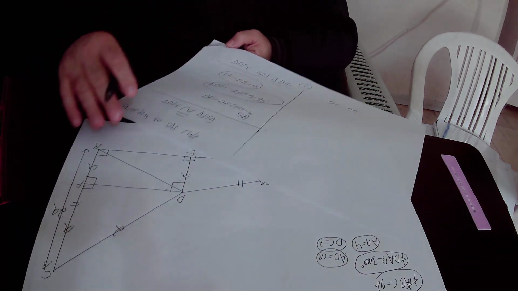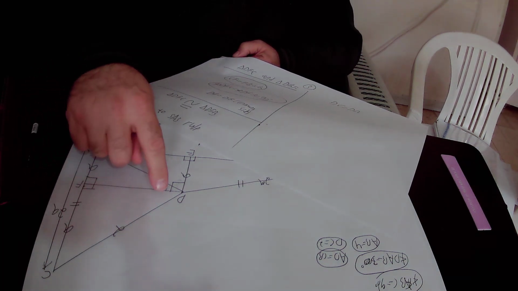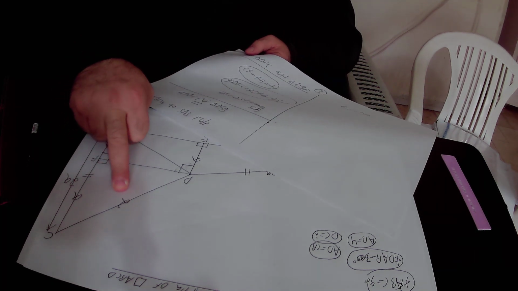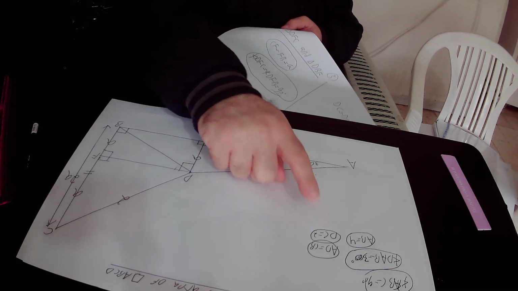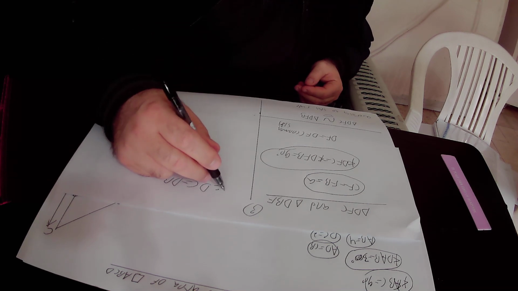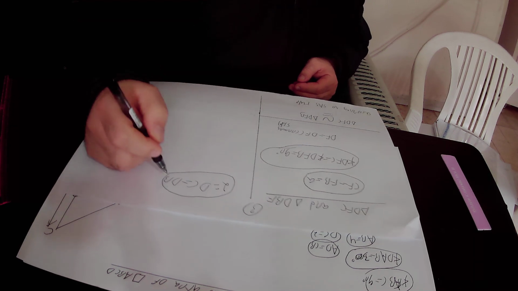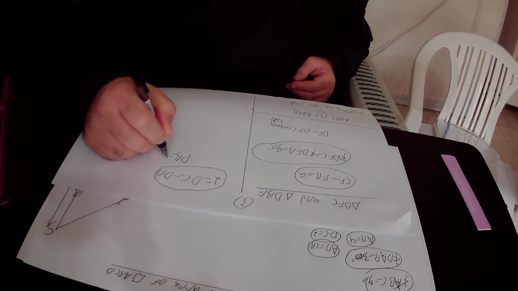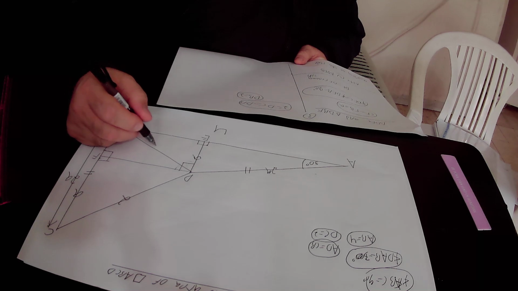But according to what is given in the question, DC equals 2 units. So from this equation we derive that DB also equals 2 units. So we can write here that DB equals 2 units.